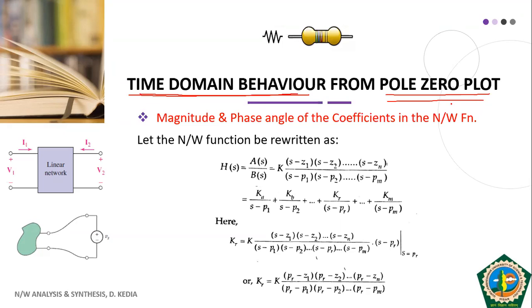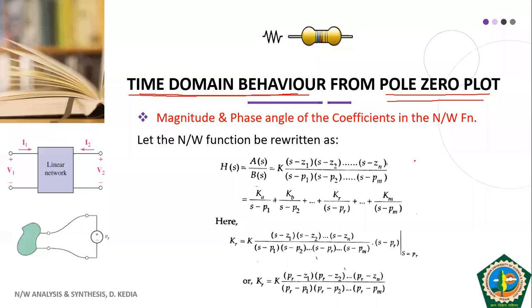We will start with the network function, which will be in the form of S, that is, your Laplace transformed function. Then instead of obtaining inverse Laplace directly, we will try to obtain inverse Laplace through a graphical method. You can interpret it like this.